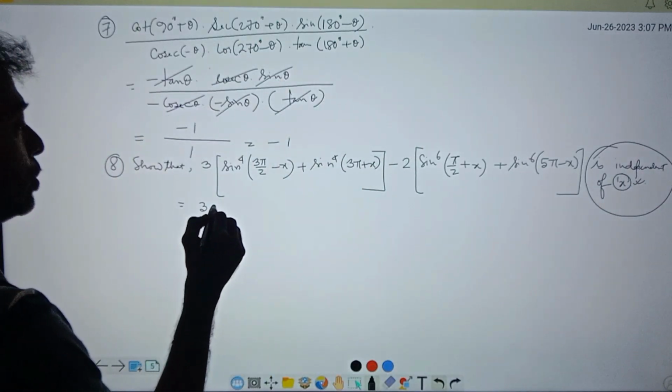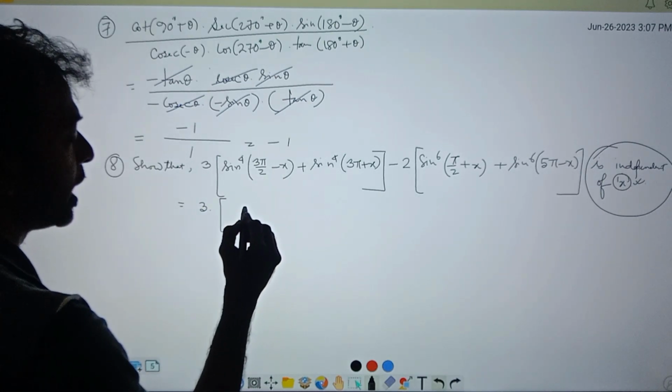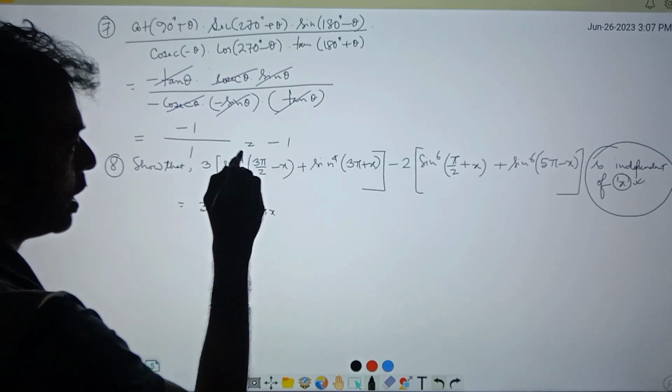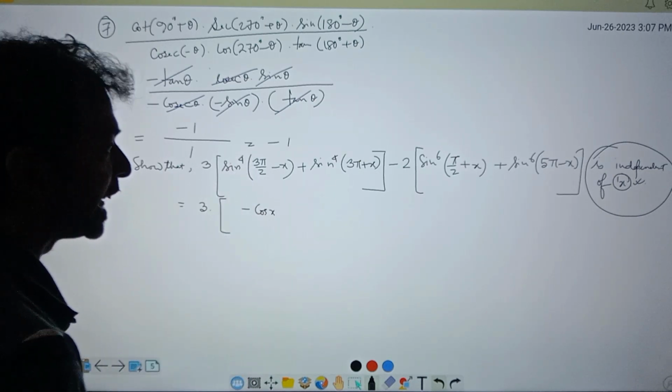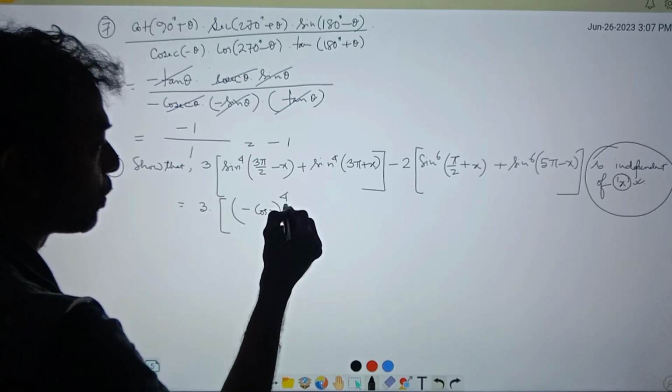Here 3 into sine power 4 of 3 pi by 2 minus x. We all know that that is going to be minus of cos x, because the trigonometric ratio is going to change here for 3 pi by 2, and it is in the third quadrant, so it will be minus cos x whole power 4.